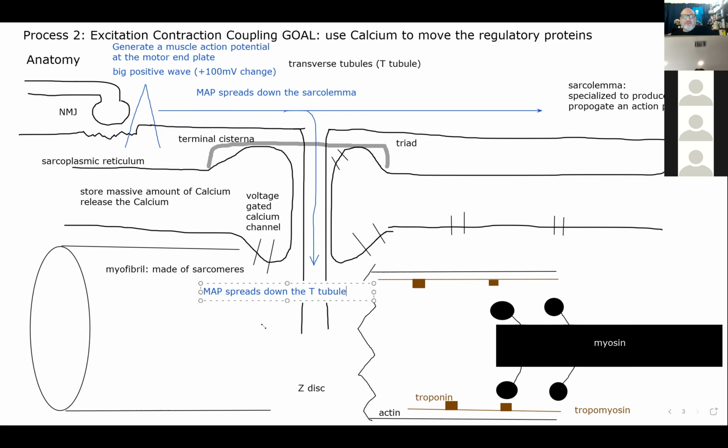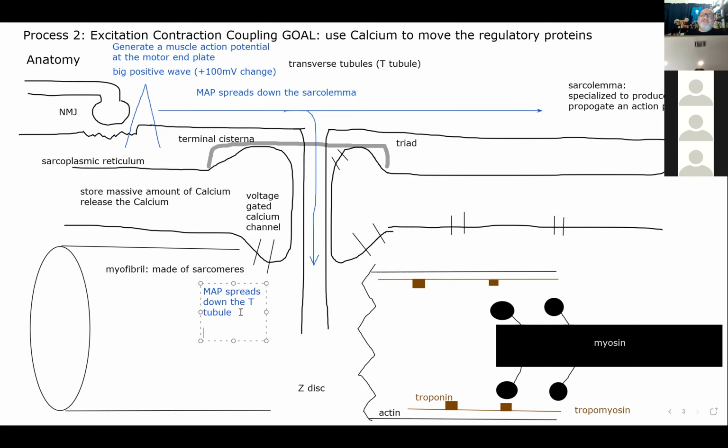Again, this is a big positive signal, that big, huge, massive wave. And again, if you're sitting next to a big, huge, massive wave, chances are you're going to get wet. And the same thing happens here. As that big positive signal spreads down the transverse tubule, it makes the triad more positive.